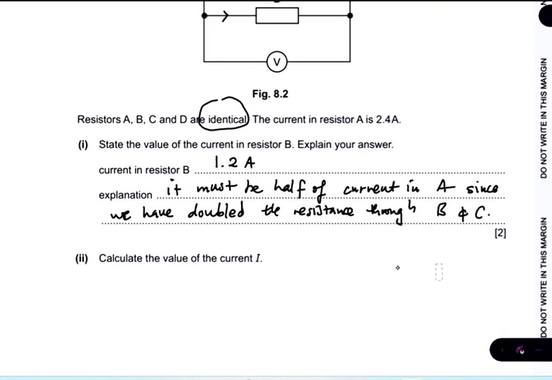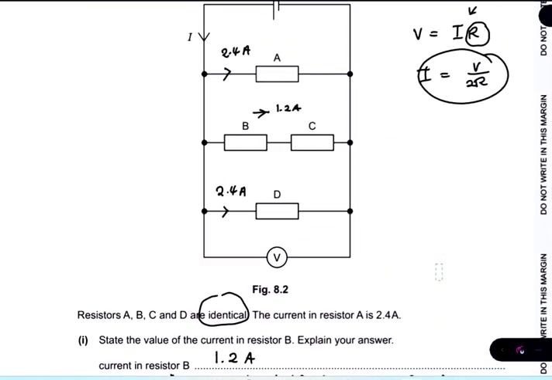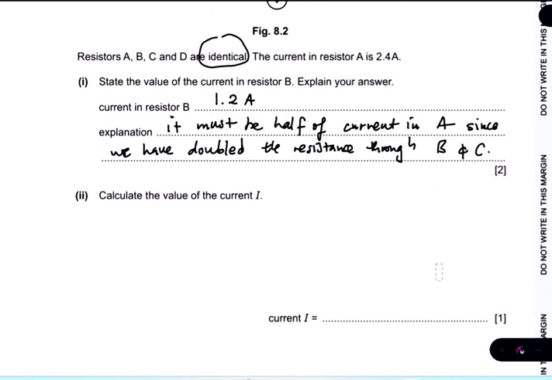Calculate the value of the current. So the value of the current is the current in the whole circuit, the total circuit. That means adding 2.4 plus 2.4 plus 1.2 plus 1.2. Total current I is equal to 2.4 plus 2.4 plus 1.2 plus 1.2.